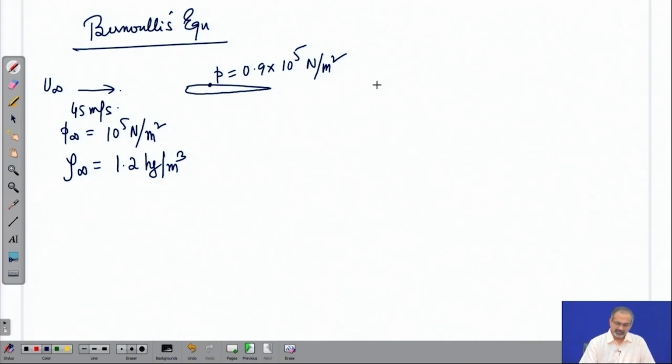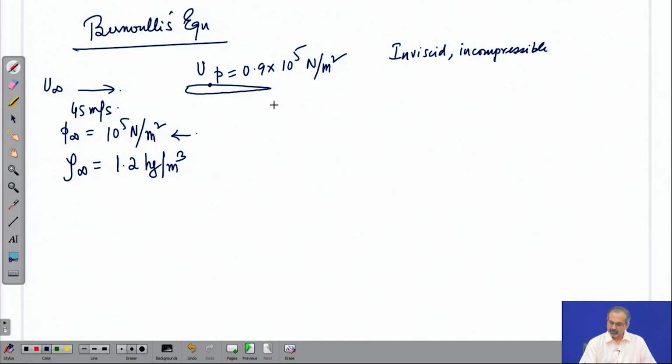So, considering the flow to be inviscid and incompressible, we would like to find out what is the local velocity at this point, where the pressure has become 0.9, that is about 90% of what it is in the free stream.